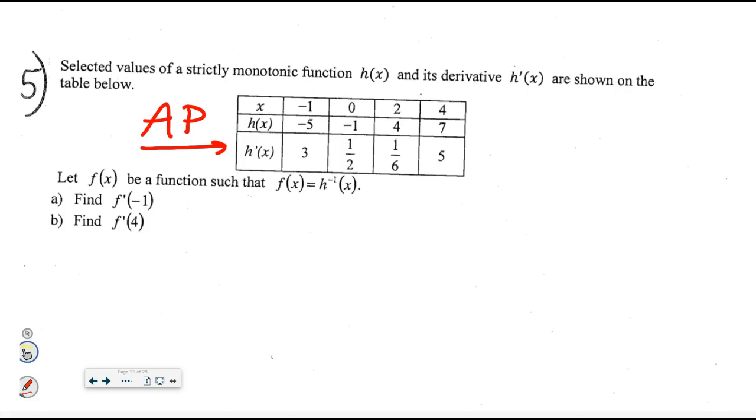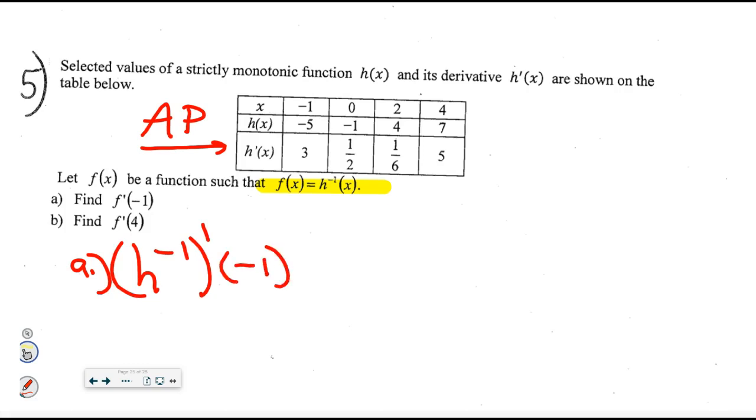So it says let f be a function such that f is equal to h inverse. So you just kind of got to think about that. F is equal to h inverse. So when it says in part A, find f prime at -1, you're looking for h inverse's derivative at -1.